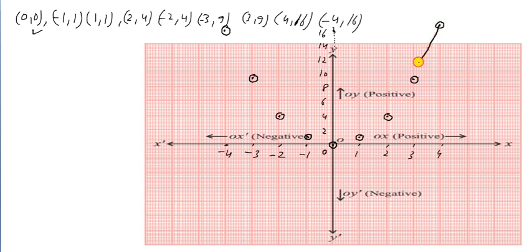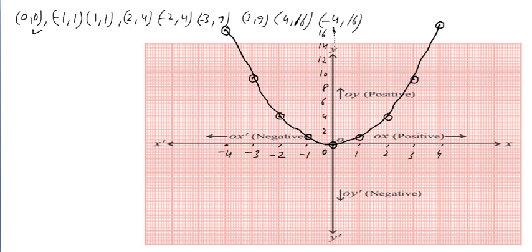So you can draw a graph like this. This type is a parabolic path, so you can draw it in your copy with the help of a scale.